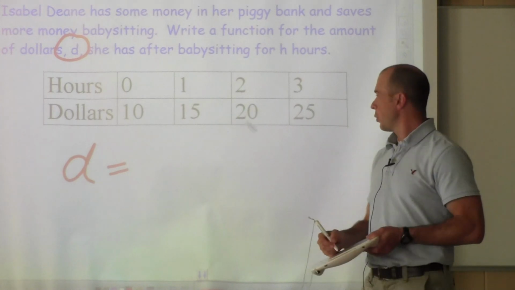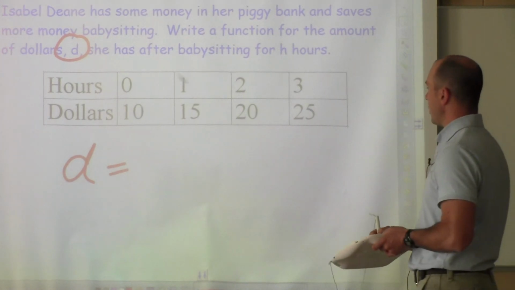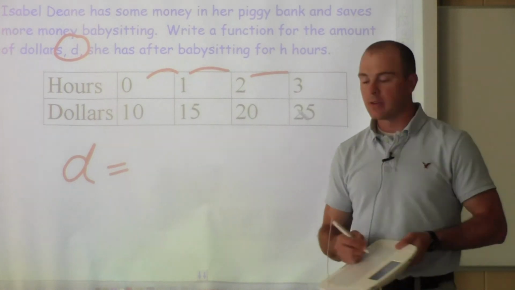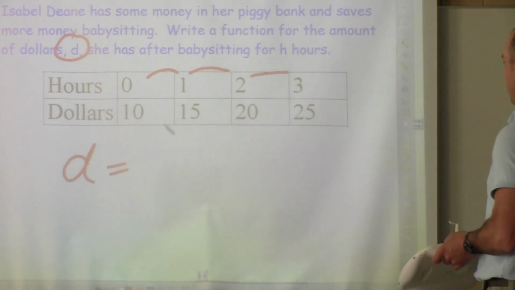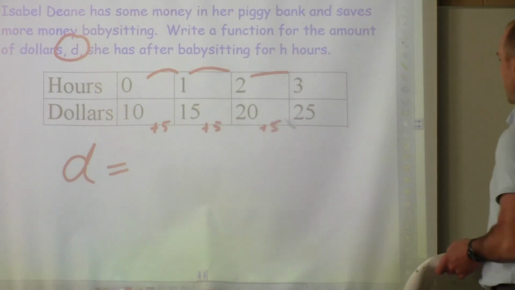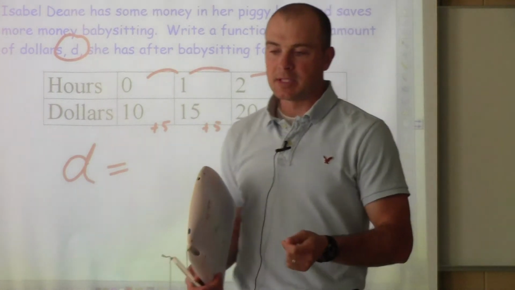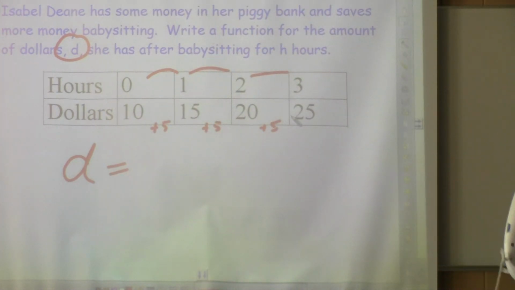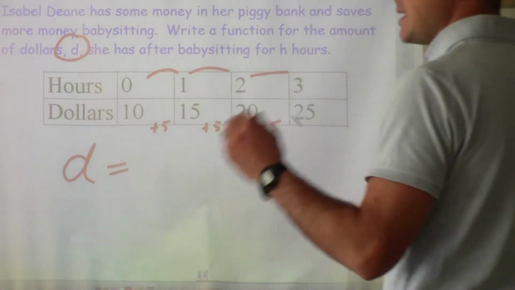Okay, then you want to look and say, well, what's happening every time? Every time I go up by 1 hour, how much more money does she have? And in this case, you notice, oh, 10 to 15, that's plus 5. 15 plus 5 is 20. 20 plus 5 is 25. Going up 5 every time. And there I gave you the clue to unlocking how to write the rule for this function. I go up 5 every time.